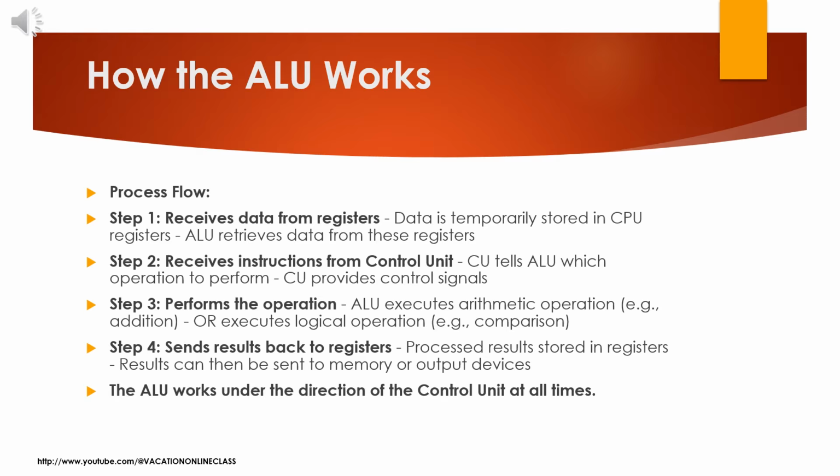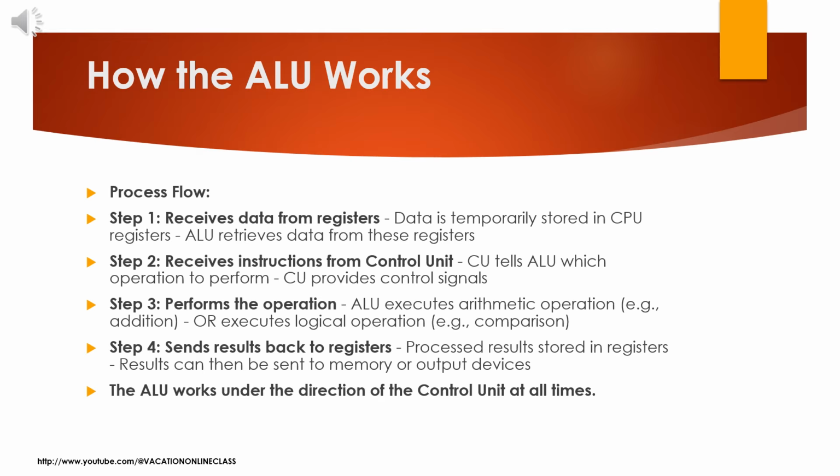Step 3, the ALU performs the operation. Whether it's an arithmetic task like addition or a logical comparison, this is the moment where the actual work happens. Finally, in step 4, it sends the results back. Once the calculation or decision is complete, the processed information is stored back in the registers.